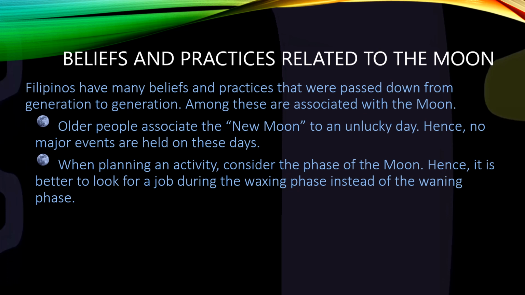When the new moon is in the sky, that means the moon is not visible, and some people say it's bad luck to work in this phase. So they want to work during the full moon. When planning for work, consider working during the waxing phases rather than the waning phases.